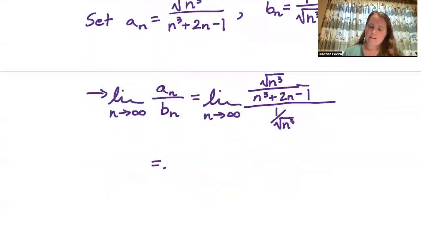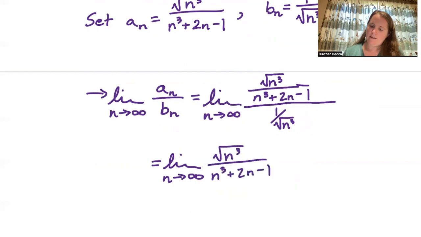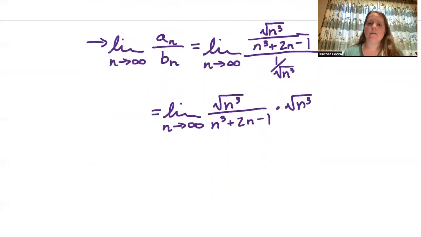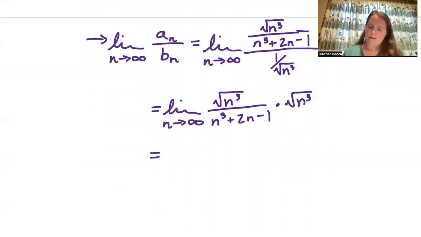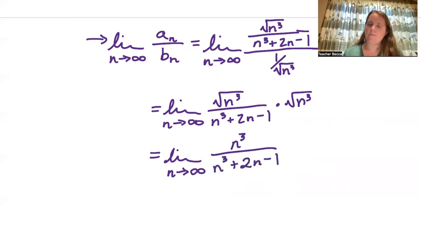This, of course, is the same thing as taking the limit as n goes to infinity of the square root of n cubed over n cubed plus 2n minus 1 times the square root of n cubed, which is, of course, the same as the limit as n goes to infinity of n cubed over n cubed plus 2n minus 1.